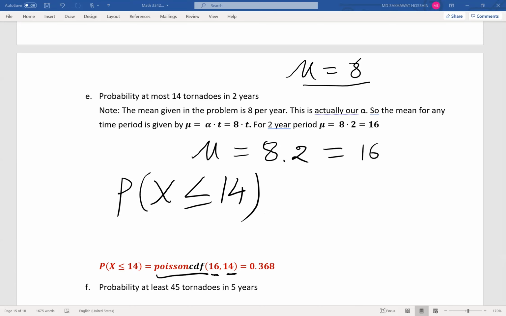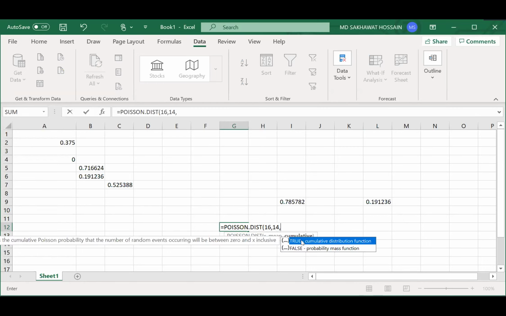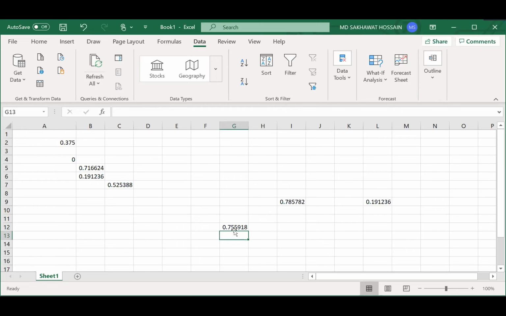Use the spreadsheet. We are using Poisson, POISSON.DIST, and the first number is 16, comma, we are looking for the probability of x less than or equal to 14, and this is cumulative, so we are using true.